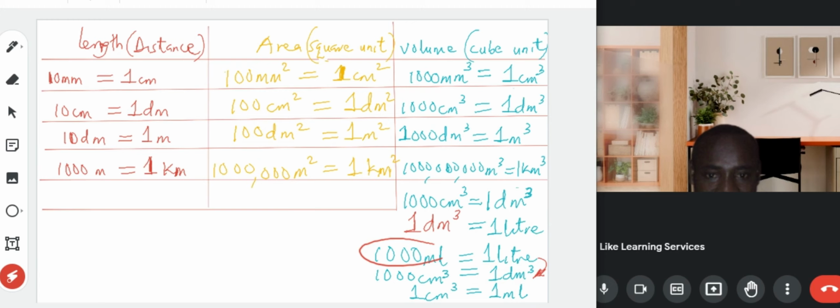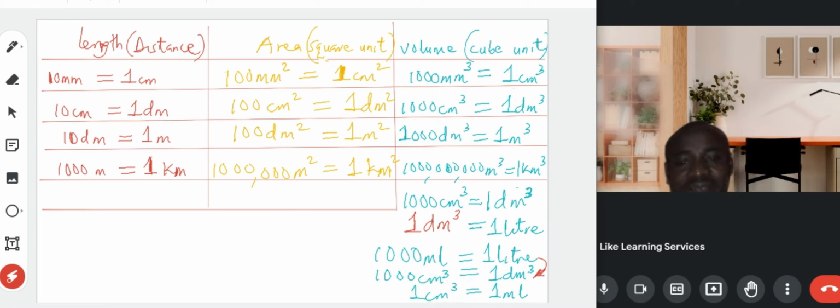So 1,000 milliliter is also equal to 1 dm cube, and we know that 1,000 centimeter cube is 1 dm cube. So 1 milliliter is the same thing as 1 centimeter cube. That's all we need to know.